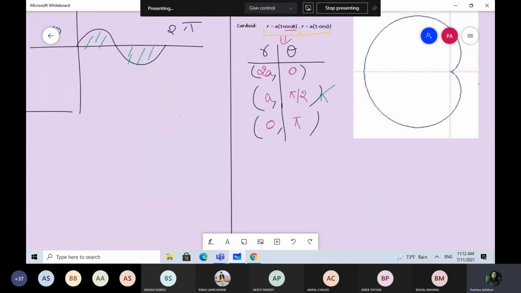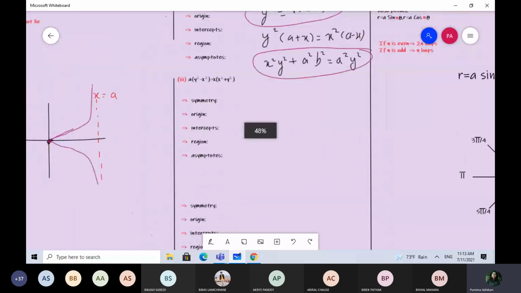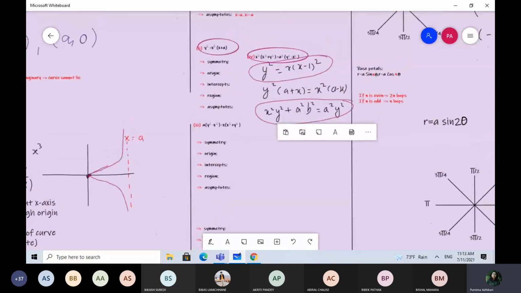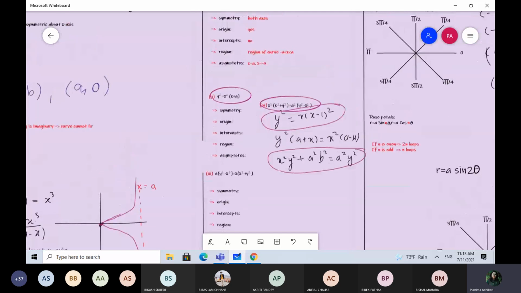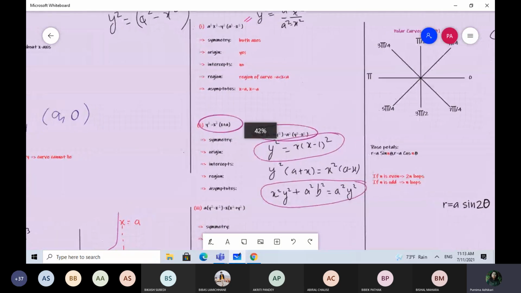Let me show you which curve I am talking about. I am talking about these equations. These 4-5 equations we saw for Cartesian curves, you may have to plot them because they are not standard curves, so you cannot remember what the curve is like for a square x square equals y square a square minus x square. For this you have to do plotting.